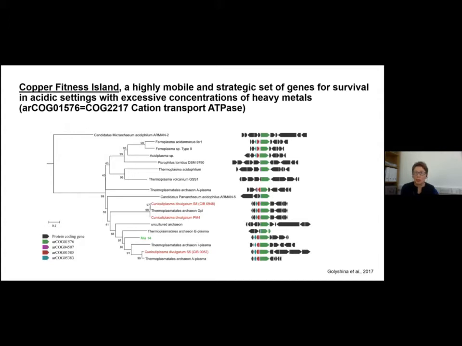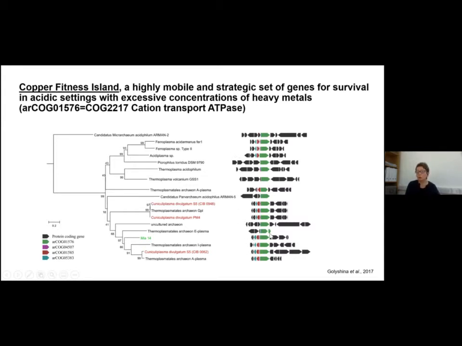You can see that the central position belongs to cation transport ATPases, and the placement of all those genes, mostly belonging to certain archaeal families, is quite similar in different genomes.